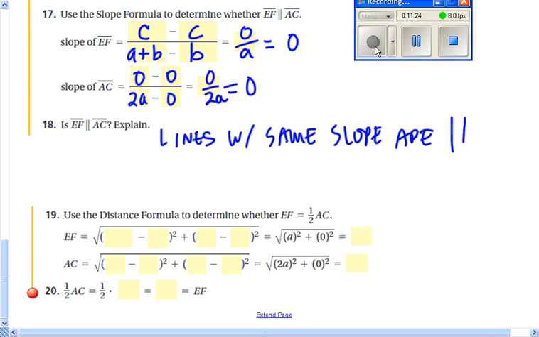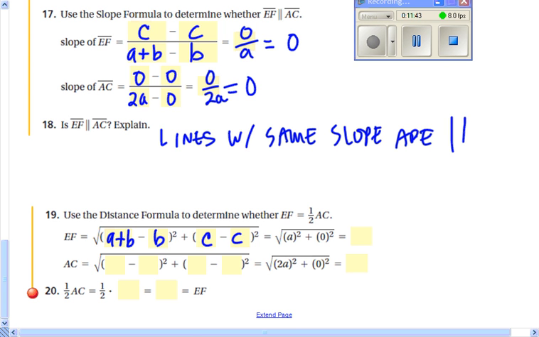All right, so now we're going to use the distance formula to see if EF is 1/2 of AC. EF is equal to the square root of A plus B minus B squared, and C minus C squared.